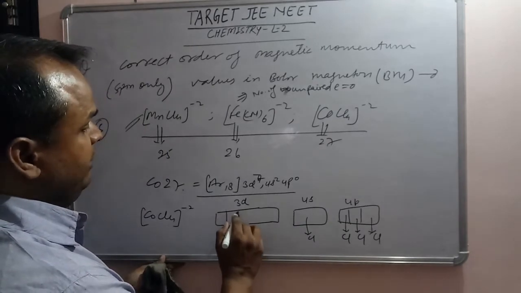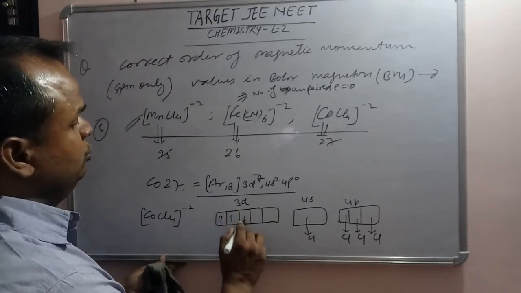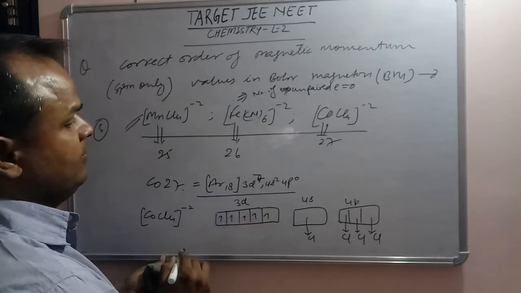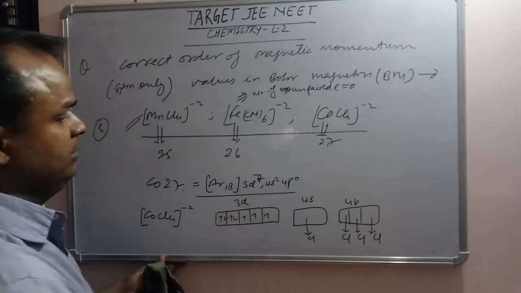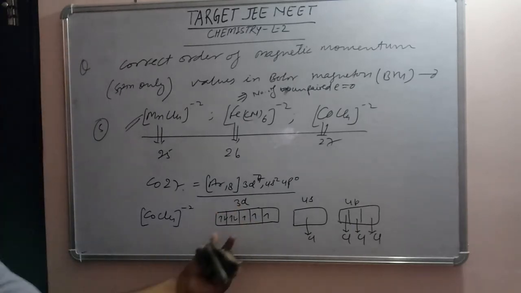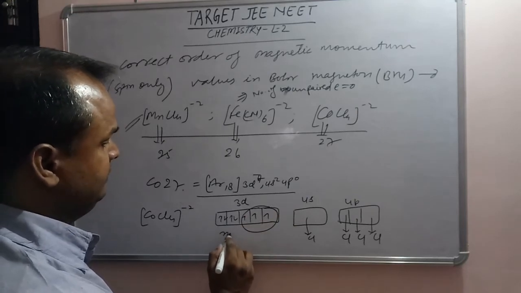Now here are 7 electrons, so the arrangement can be 1 2 3 4 5, then 6 7. Okay, it means the number of unpaired electrons is 3.